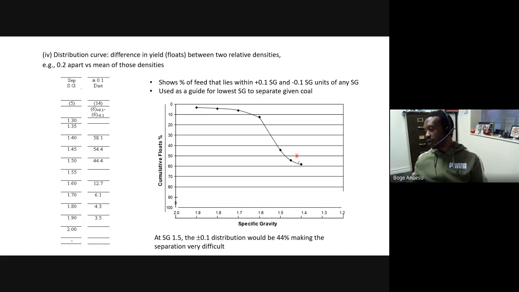How about if I work at 1.45, somewhere here? It is telling me that at 1.45, there's a very high proportion of near gravity material, which means separation is going to be difficult. Although I get probably higher quality coal, my recovery is going to be very poor. And therefore, maybe I shouldn't target that. So okay, you can make these decisions based on, again, the distribution curve.